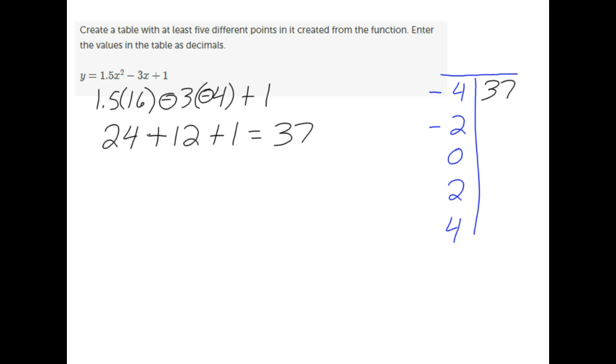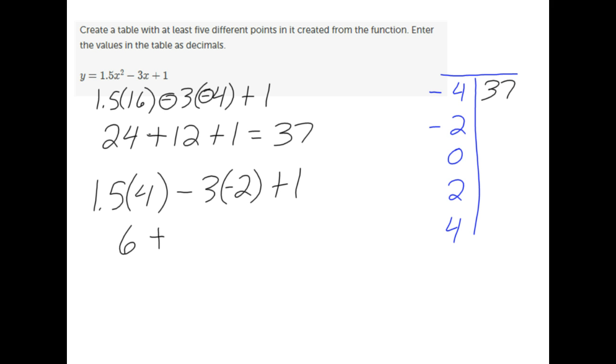Now I put the -2 in. So 1.5 times x squared. X squared would be 4. Minus 3 times a -2 plus 1. 1.5 times 4 is 6.